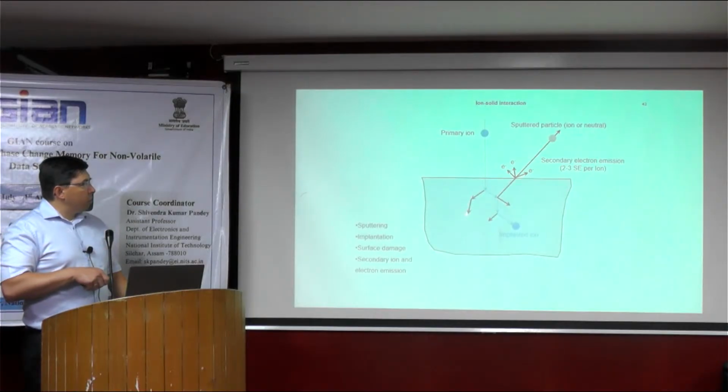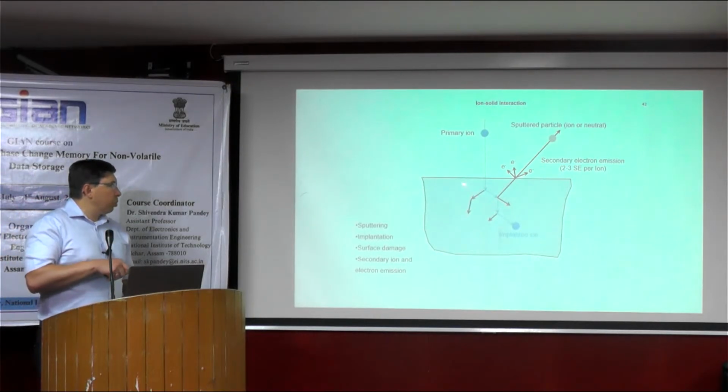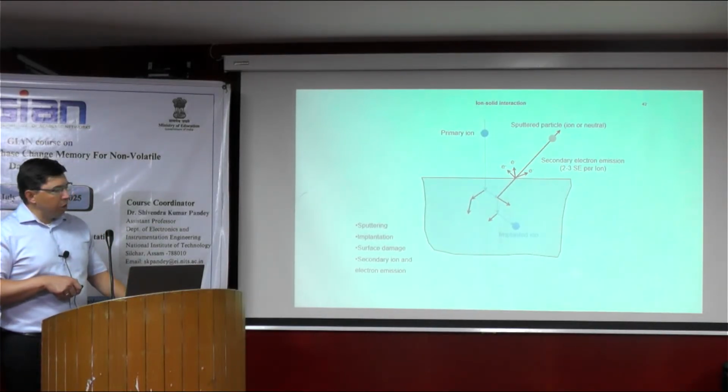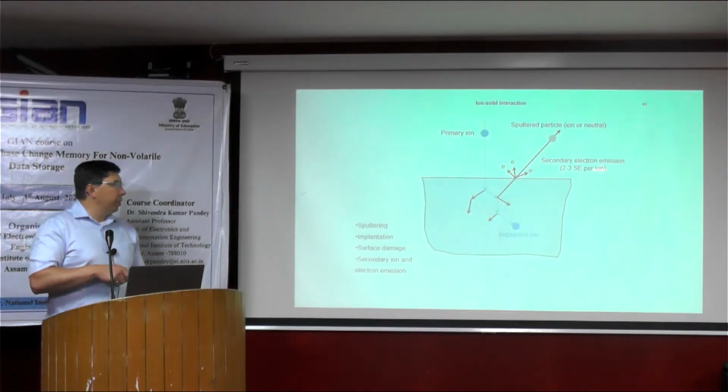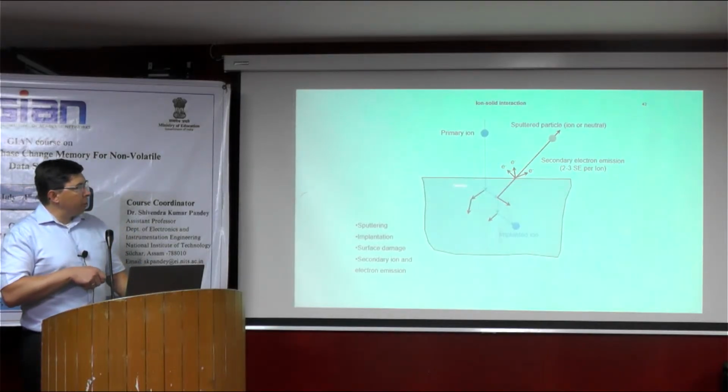We can have an implanted ion, and we can also produce some surface damage. This is the basic idea, that we can sputter the material from the surface. First we amorphize the surface, and then this amorphized layer is sputtered away.